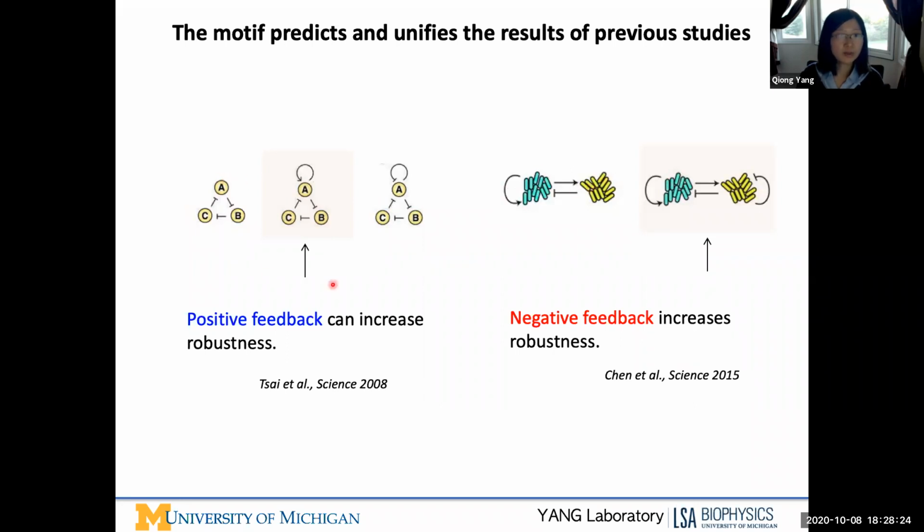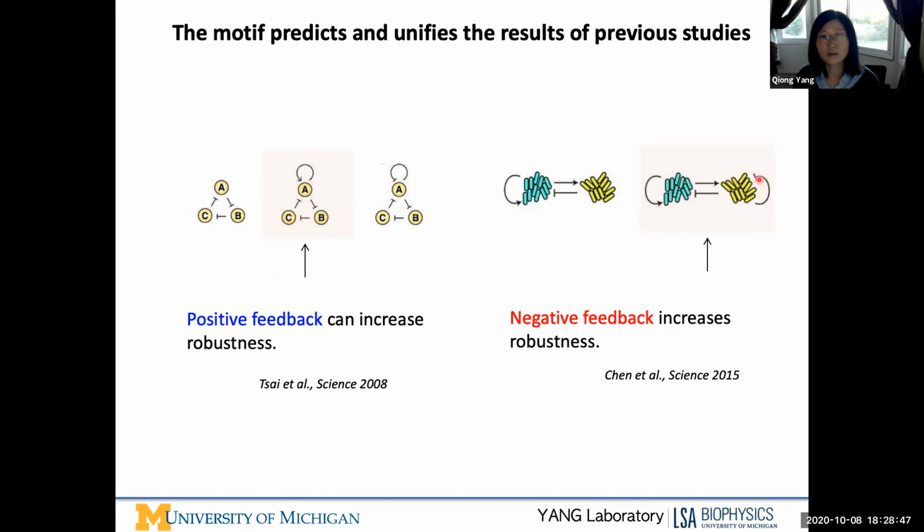So if you remember at the beginning when I introduced the two studies, they have different findings: one with a positive, one with a negative that increases robustness. But if we look closer at the node where they add the positive and negative, we found that in this case, they need to add a positive in order to generate incoherent input.